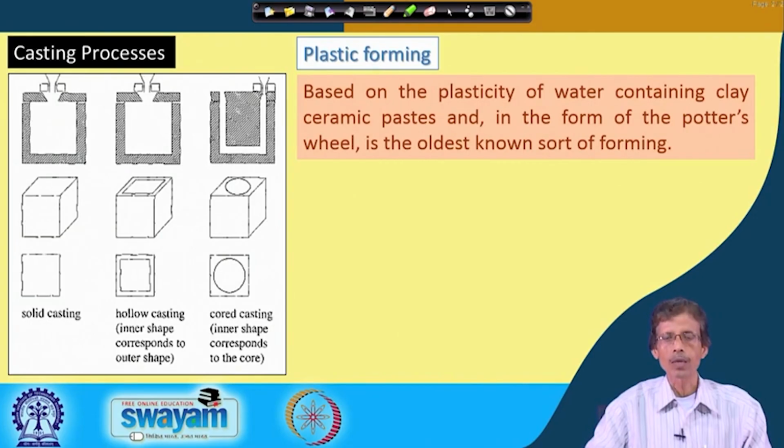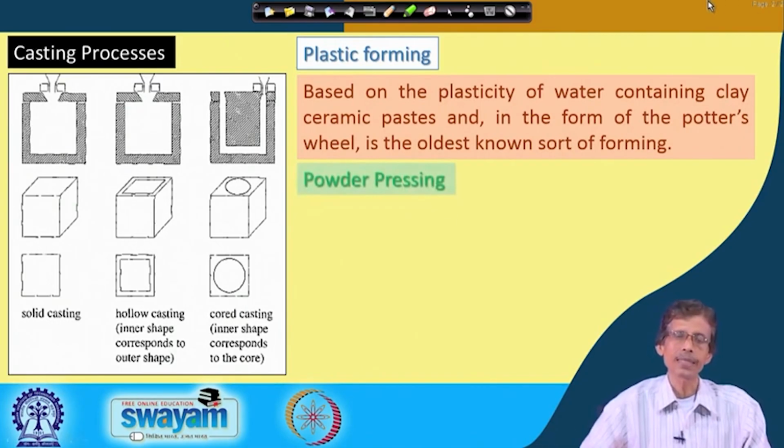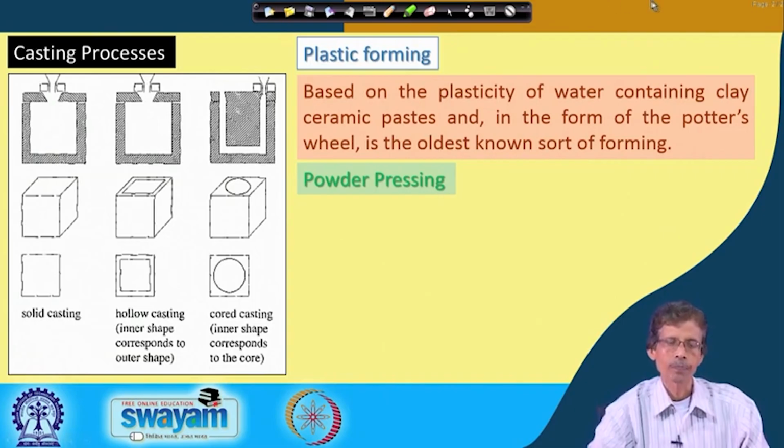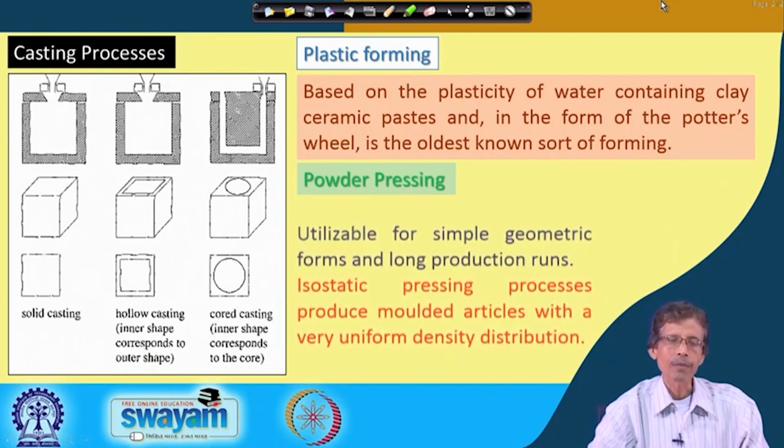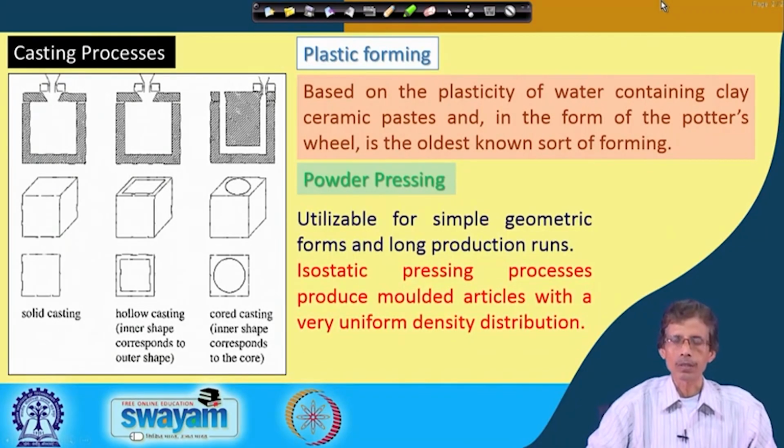So this is a typical example like that of your potter's wheel. It is a very old knowledge that can be utilized for that particular process, and used for your forming process. And since the material is present in a particular type of plasticity, that's why it is known as the plastic forming process.